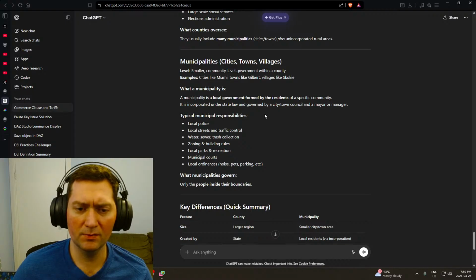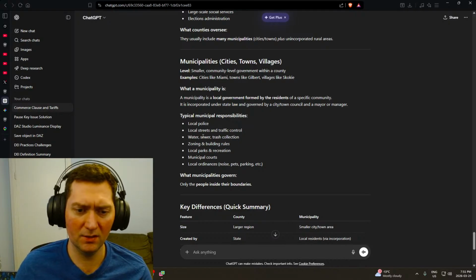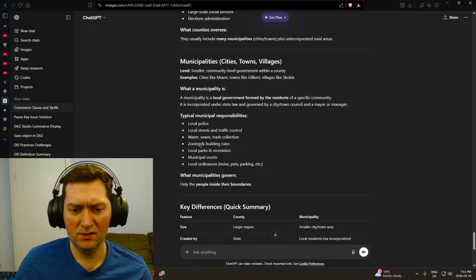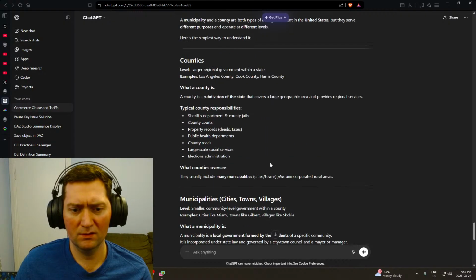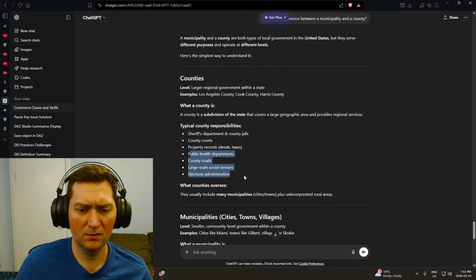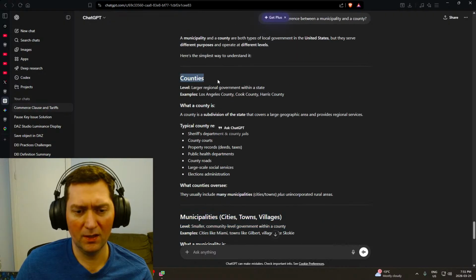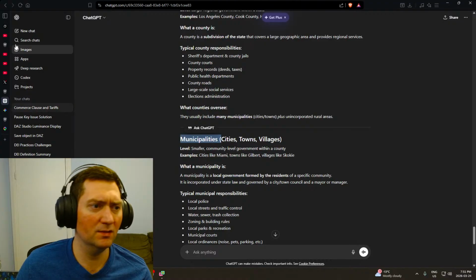Typical municipal responsibilities: local police, local street traffic control, water, sewage, trash collection, zoning and building rules. So it's a smaller level of government. You've got counties and then you've got municipalities.